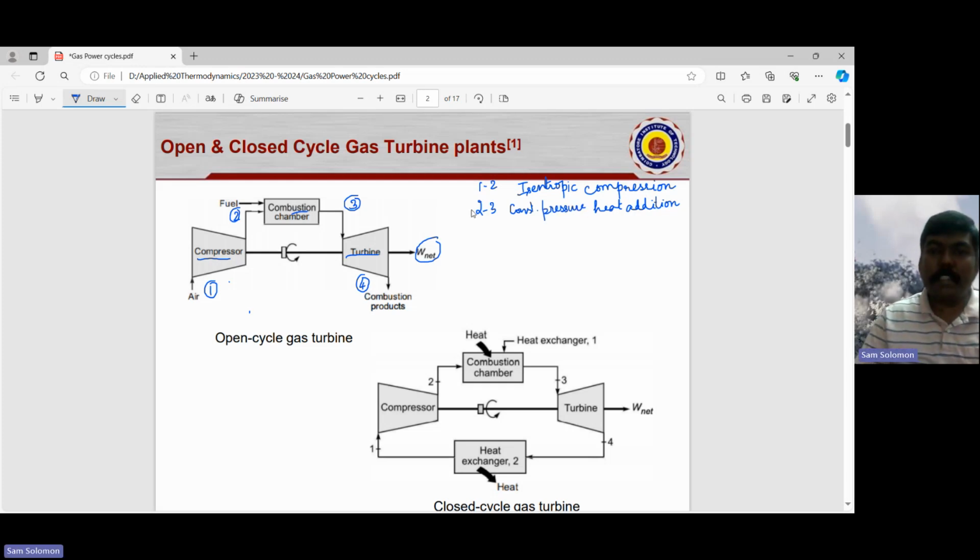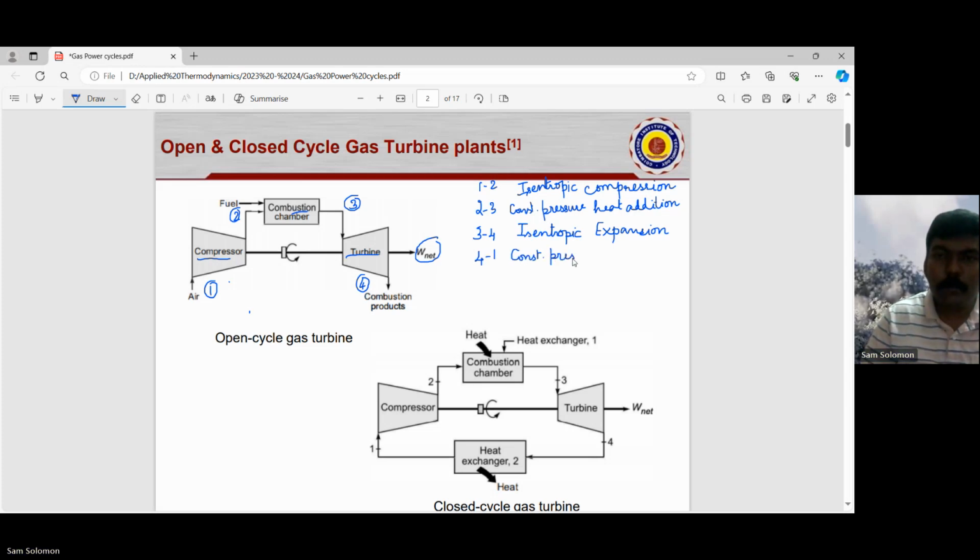Then we have process 3-4 that happens in the turbine. That is going to be isentropic expansion. And process 4-1, in case of a closed cycle gas turbine power plant, is going to be constant pressure heat rejection. So these are the 4 processes that we have, and this cycle is called the Brayton cycle.